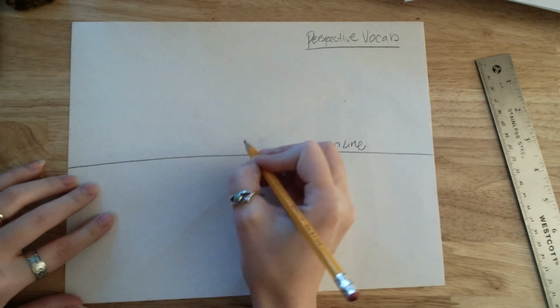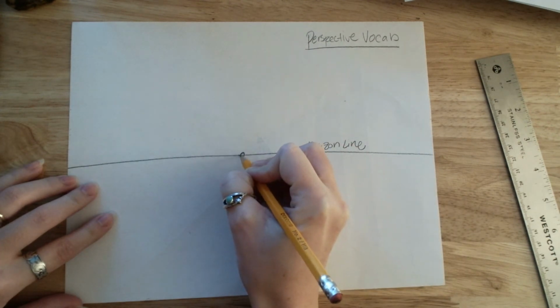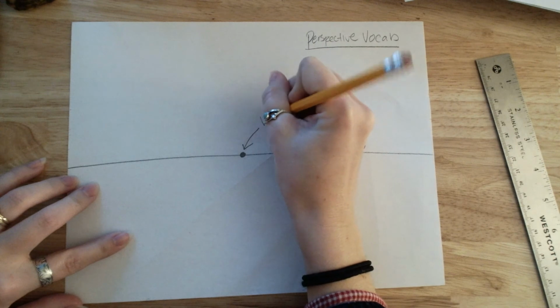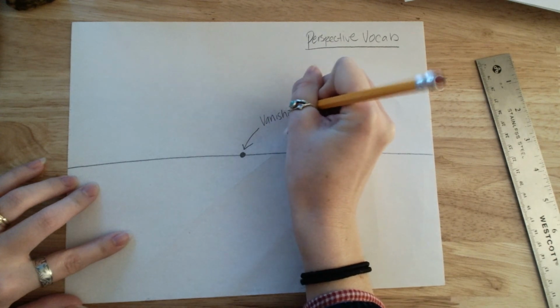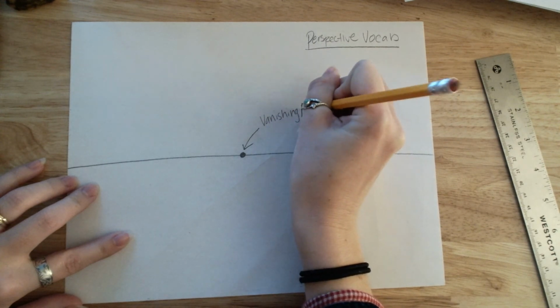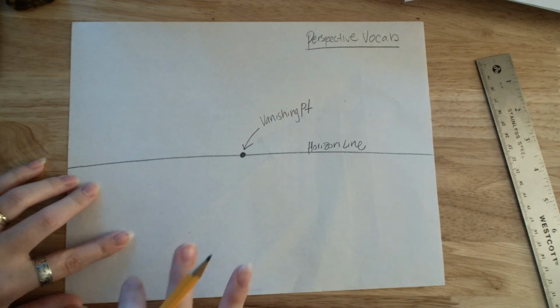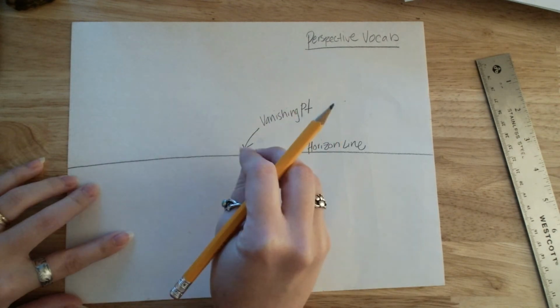The next thing you're going to do on your Pear Deck is to put a nice big dot in the middle. You're going to point an arrow at it, and you're going to label that vanishing point. The vanishing point in our perspective drawings is the point where everything gets smaller and smaller and smaller until it vanishes.